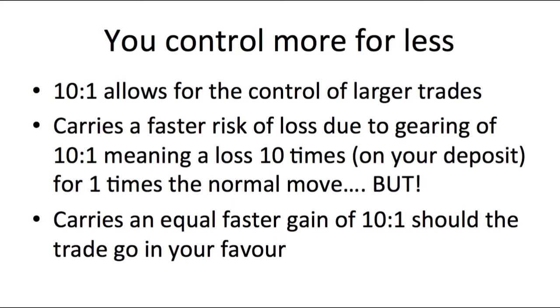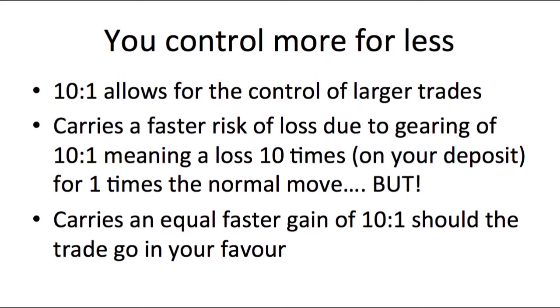One of the key things that you do automatically with spread betting is that you control a lot more for less, and the ratio usually is around about 10 to 1, but it does vary from broker to broker and depending on what you're trading, but usually it's 10 to 1. And as a result, this carries a much faster risk of loss due to the gearing.